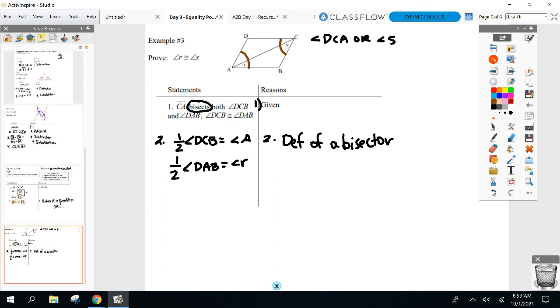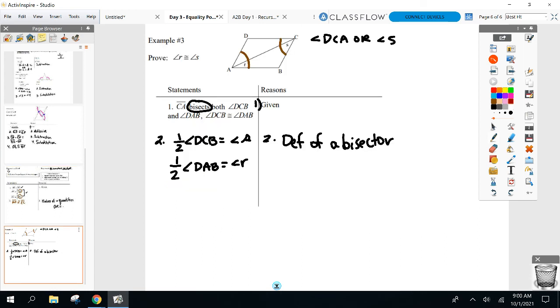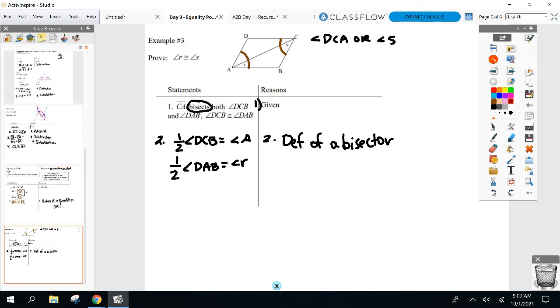Let me go back to my checklist. Do I have equal congruent quantities? I gave you that, right? That's these two angles right here, DCB and DAB. Do you have a statement saying you're taking half of them? Did we write down a statement that we're taking half of them? Yes, we did. Right here, half of DCB, half of DAB.